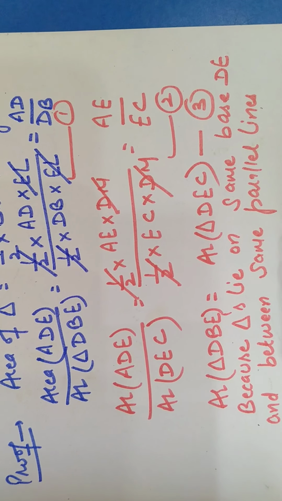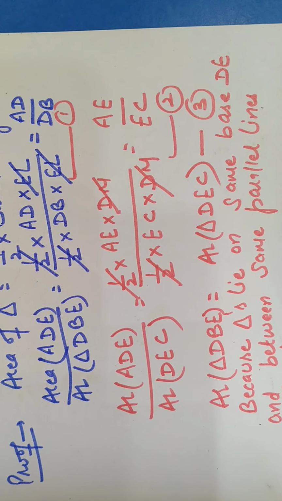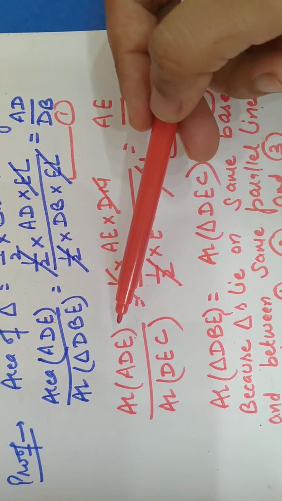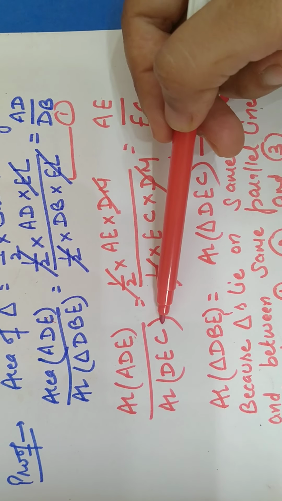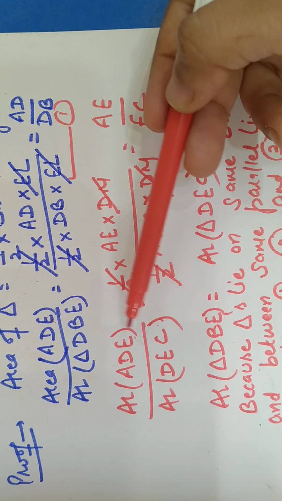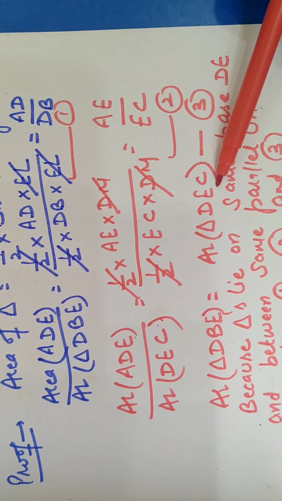Now let us compare first, second and third. When we compare, our numerators in first and second are already the same, but the denominators are different. But when we see the third equation, DBE is equal to DEC.